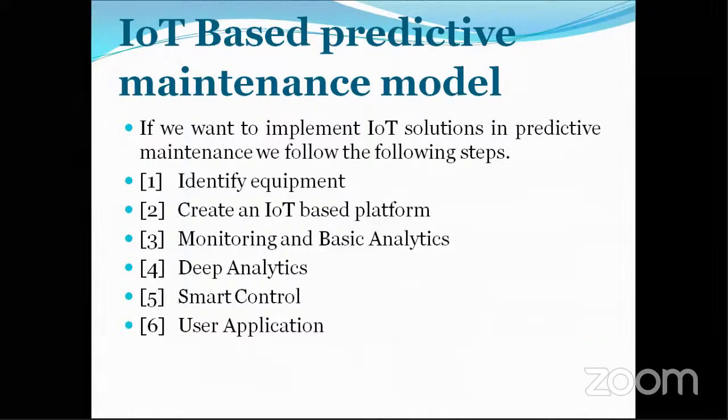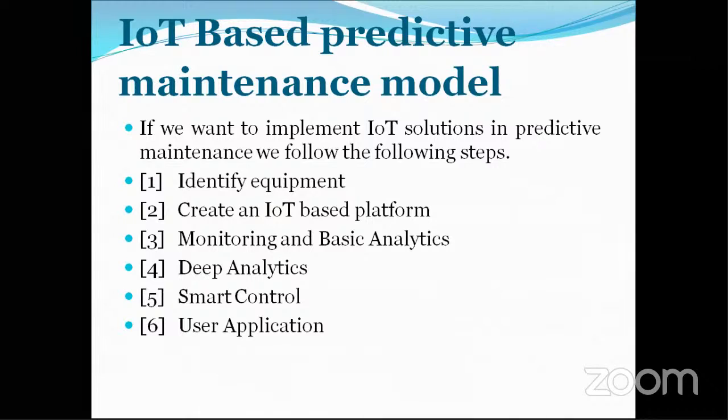If we want to implement the IoT solution in predictive maintenance, we follow these steps. First, we identify the equipment: which equipment you want to monitor. After that, we create an IoT-based platform.